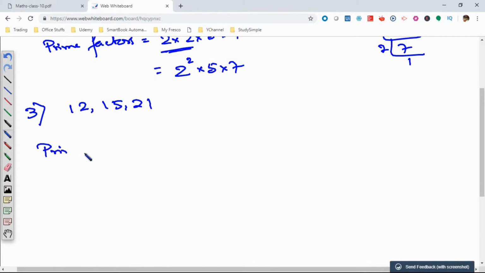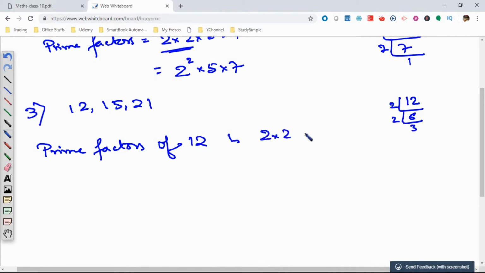Let me write the prime factors. The prime factors of 12 are 2, 2, 3. The prime factors of 15 are 3 and 5. The prime factors of 21 are 7 into 3.